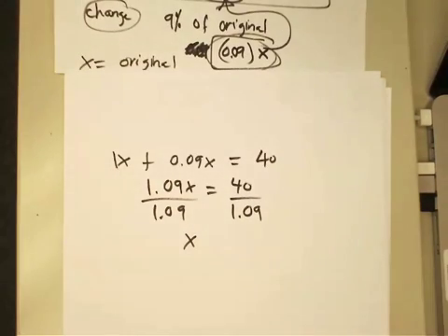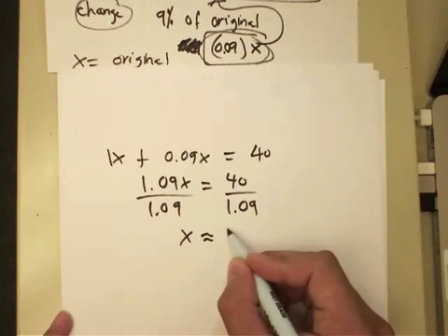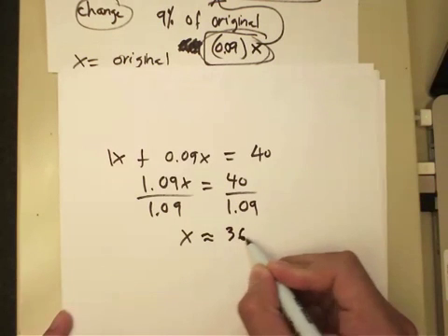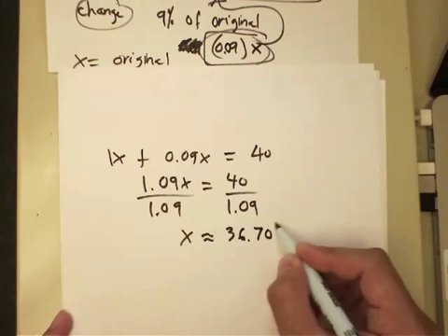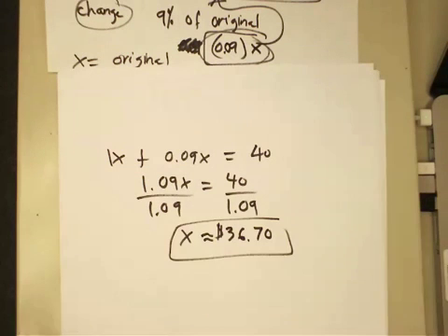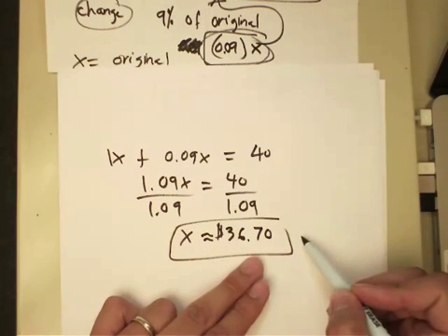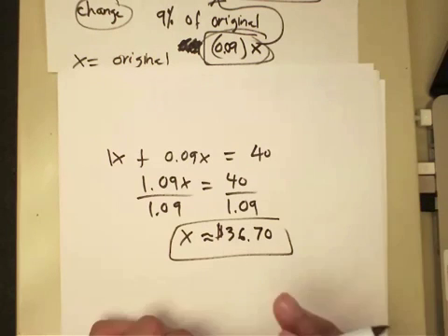So let's bring it up here to show you $40 divided by 1.09, which you can quickly do on a calculator, giving approximately $36.70. Okay, so that is your original price, which makes sense. You start with the original, there's a tax of 9%, you end up with $40 for the new price.